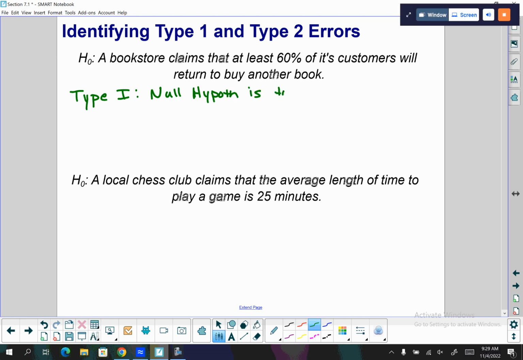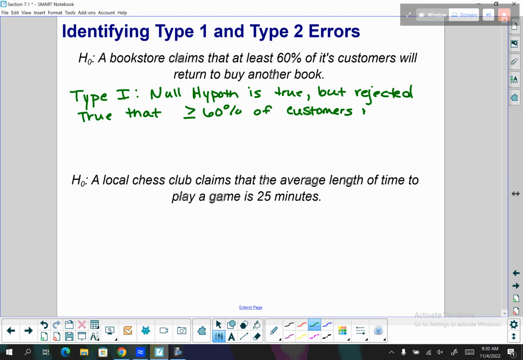is true, but rejected. Okay, so in this example, it's true that at least, so greater than or equal to 60% of customers return to buy another book.